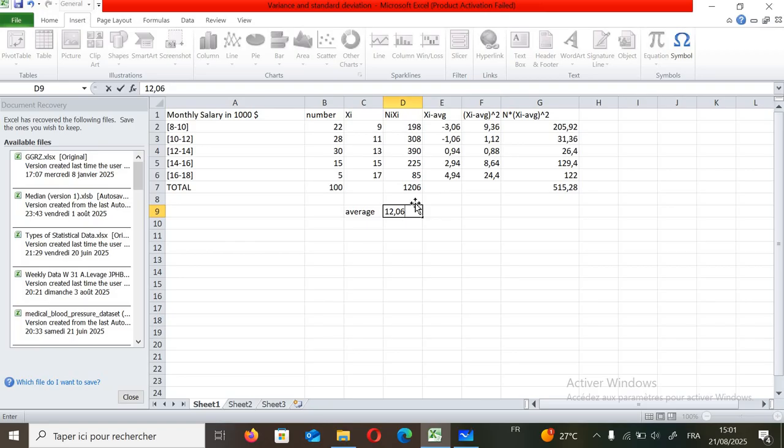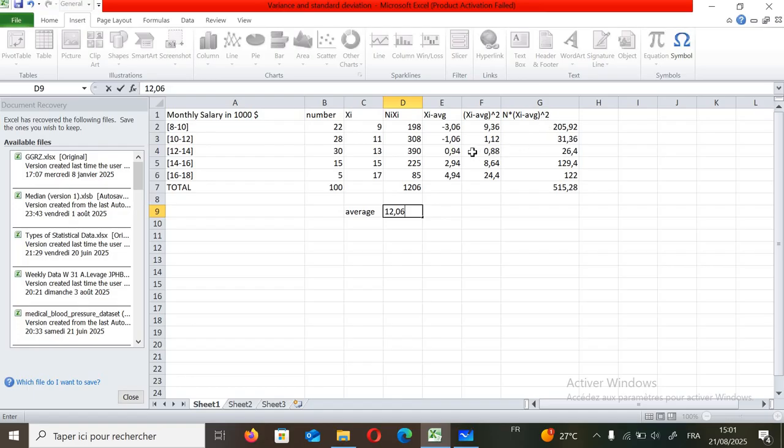Okay, then we're going to calculate according to the formula, which is xi minus x bar. I'm going to calculate every column, the mathematical operation for it. Then we will look for the sum of ni multiplied by xi minus x bar, squared.